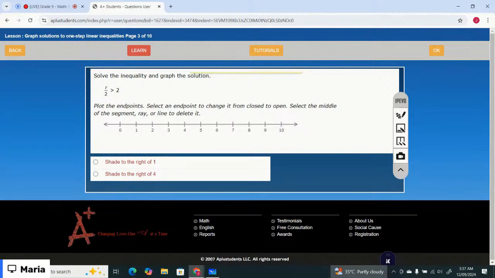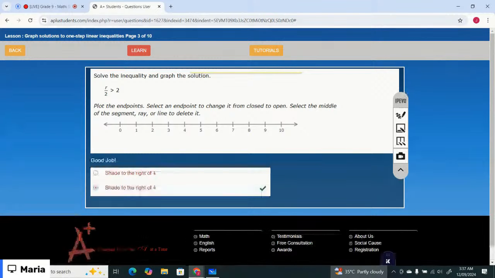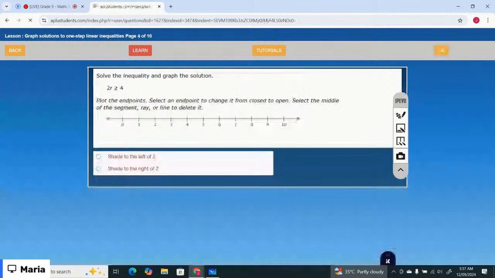The correct option is the second one, shade to the right of 4, right? Because the solution of the inequality is r is greater than 4. So, the second option is the correct one.